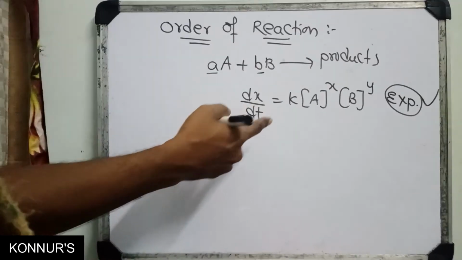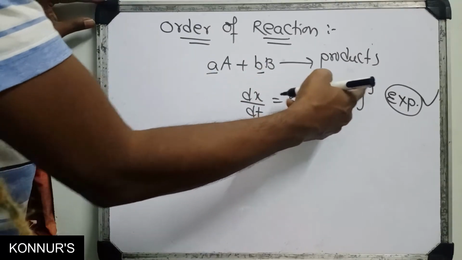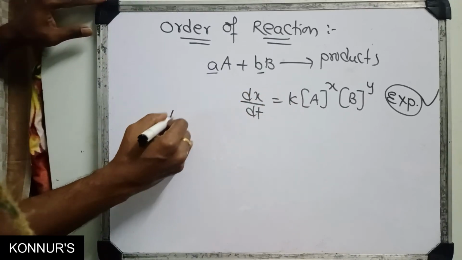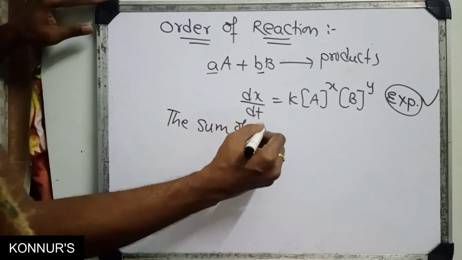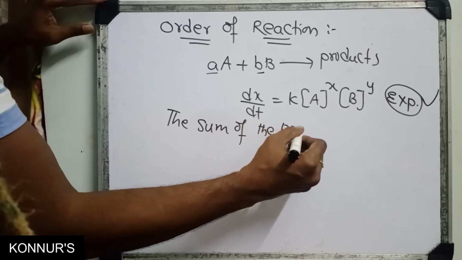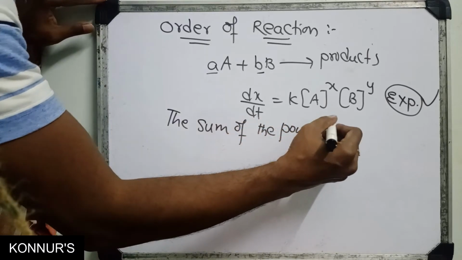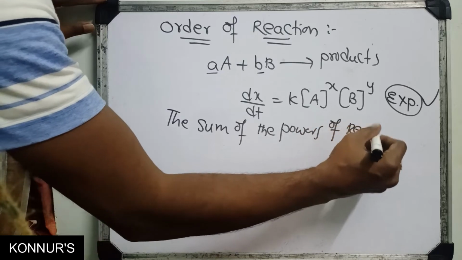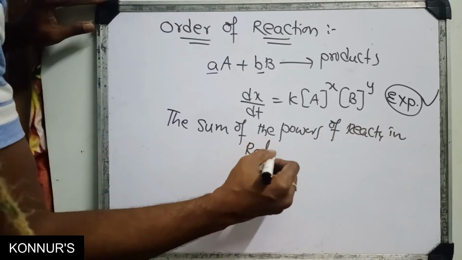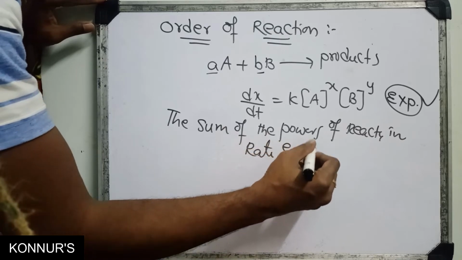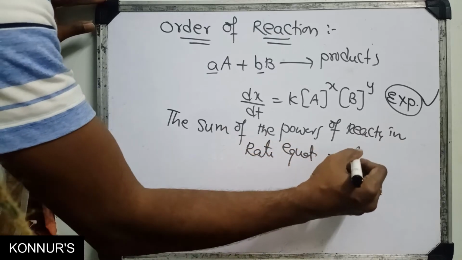So here, the sum of the powers of reactants in the rate equation is called the order.